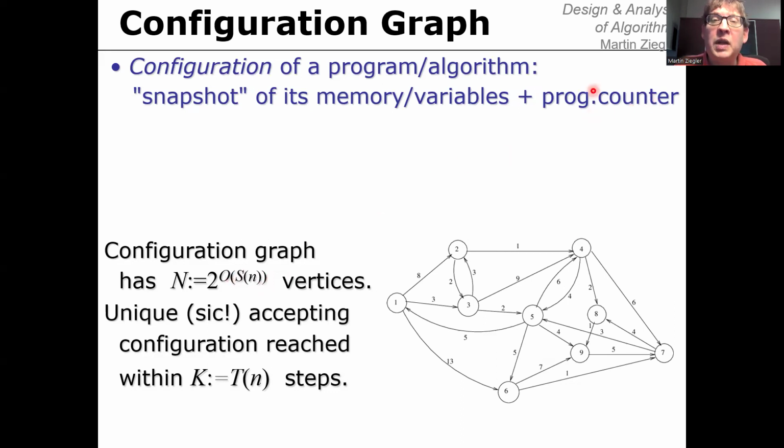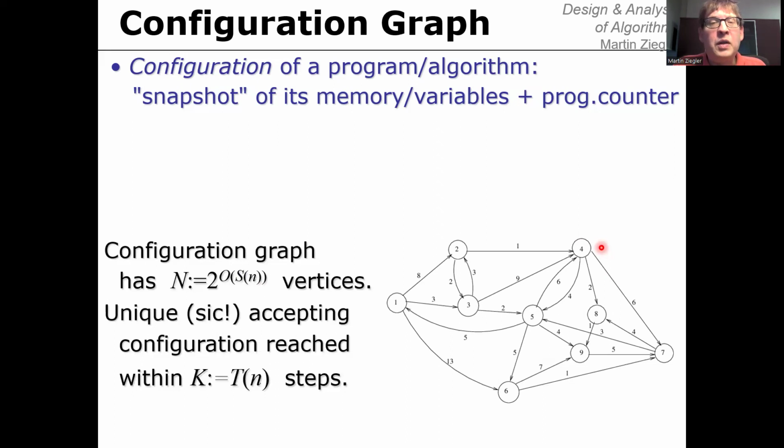Because we additionally have this program counter, which is also required to fully capture a snapshot, in the sense that if we freeze program execution corresponding to being in one node, and then we resume, the program counter tells us the next step and thus the successor node.